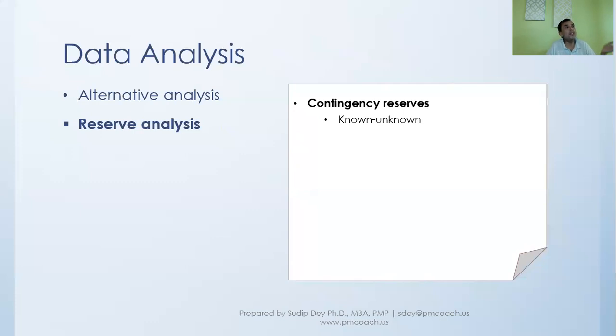For example, in your schedule, as you're planning the schedule, what happens if your team member falls sick and cannot come for work for some time? Now, this is a risk, it might not happen, but we can think about it, and we can even plan for it. So these are identified risks within the schedule baseline.